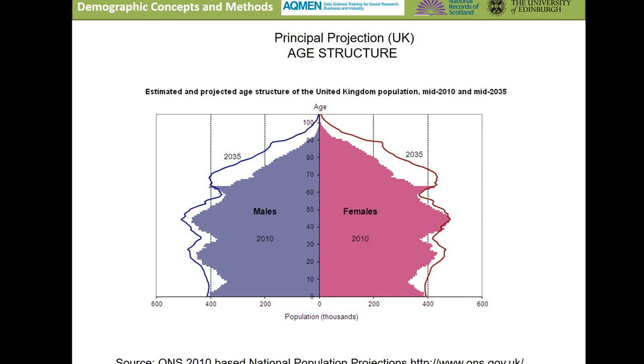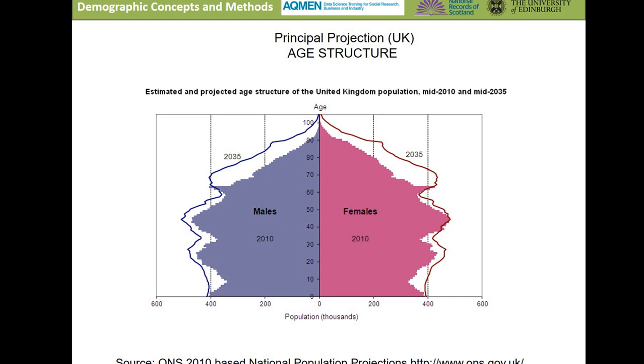And the general finding here is an increase in population. So the lines here show the population pyramid in 2035, and the population pyramid here is the population structure in 2010. We see a general growth in population across all ages, but perhaps particularly at the older ages.